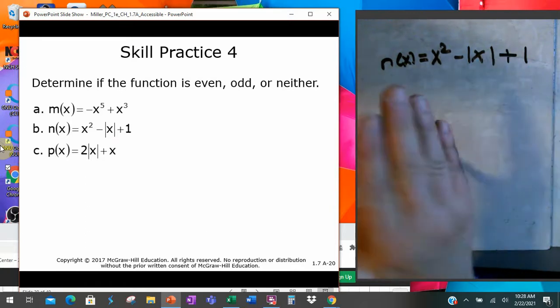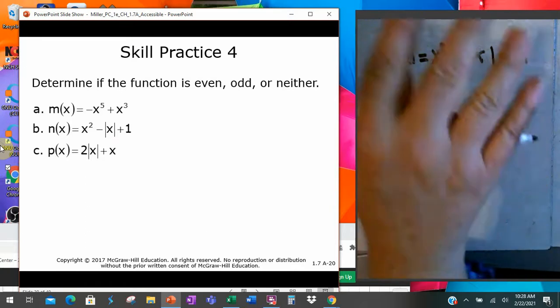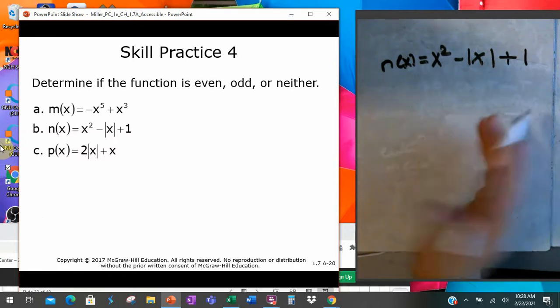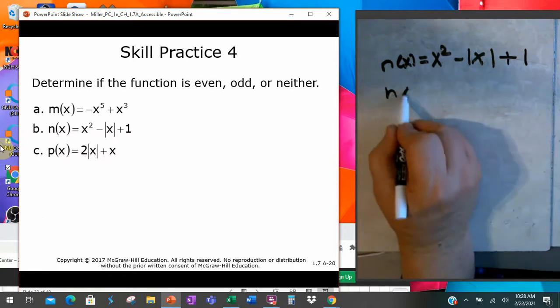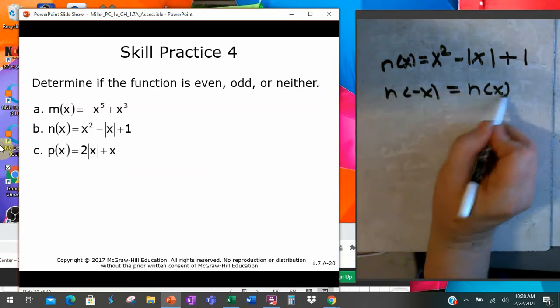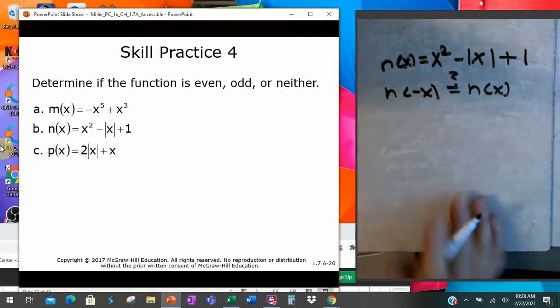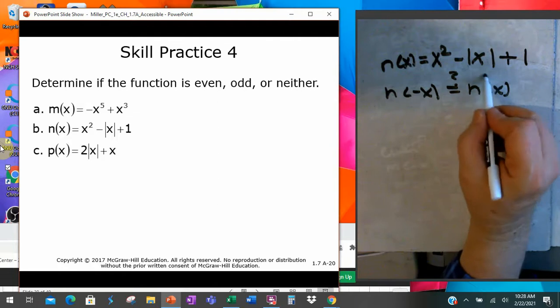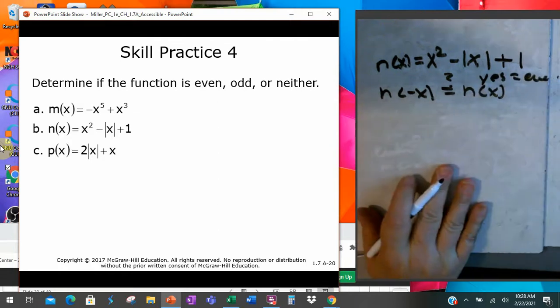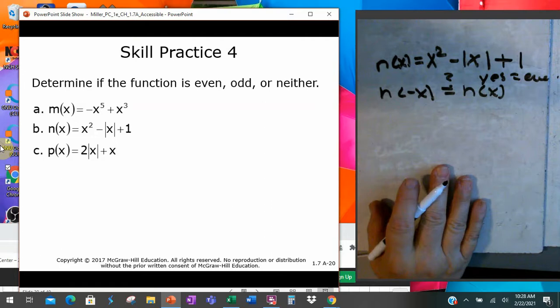So I can do a symmetry with respect to the y and shift it up. Okay, we'll graph this out in just a minute, but I want to do the formal analysis. So I start always with this. Is that the very same thing? If it is, then it's even and I get symmetry with respect to the y.